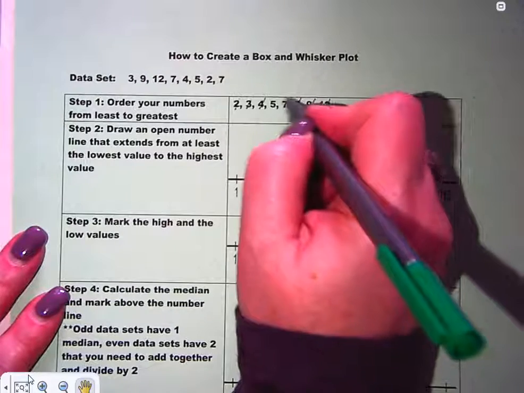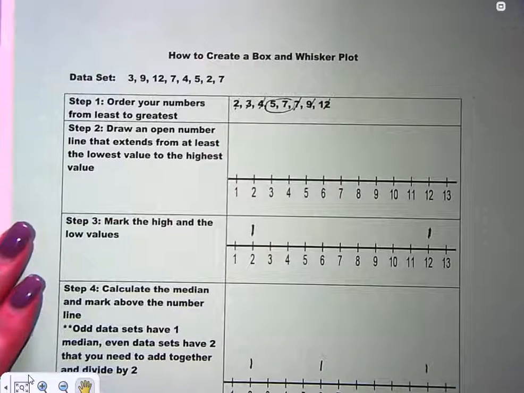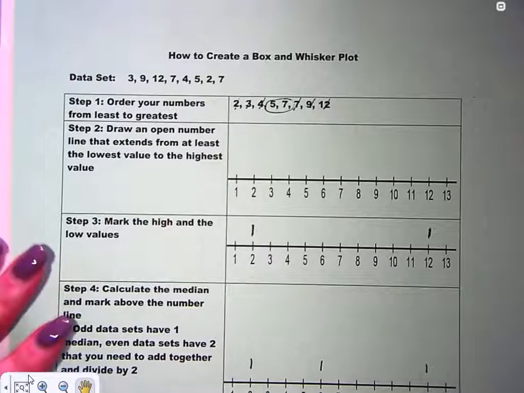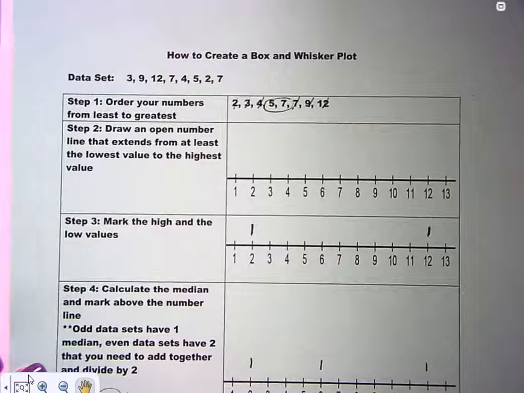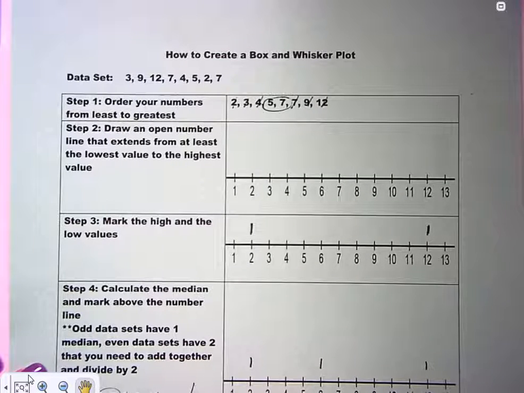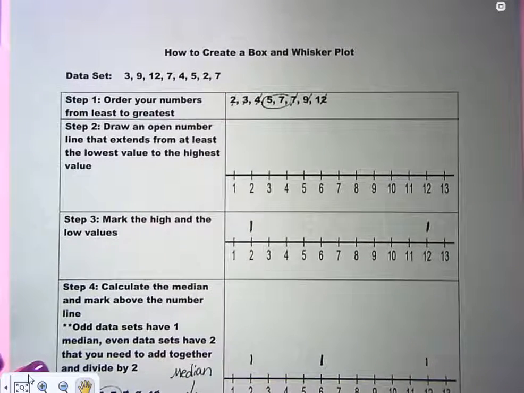We have 5 and 7. So 5 plus 7 equals 12, and 12 divided by 2 equals 6. So 6 is our median. Then we mark our median right there at 6.